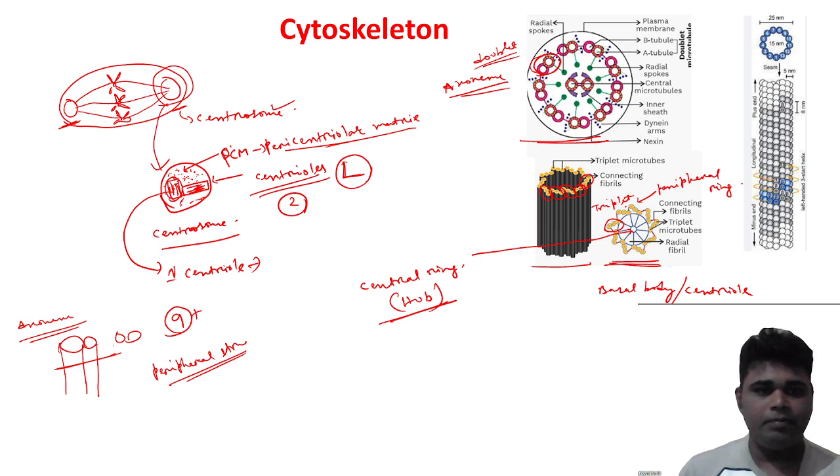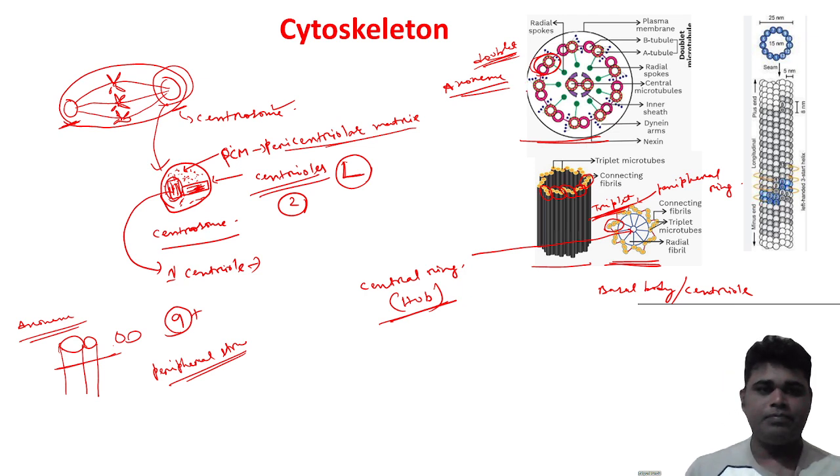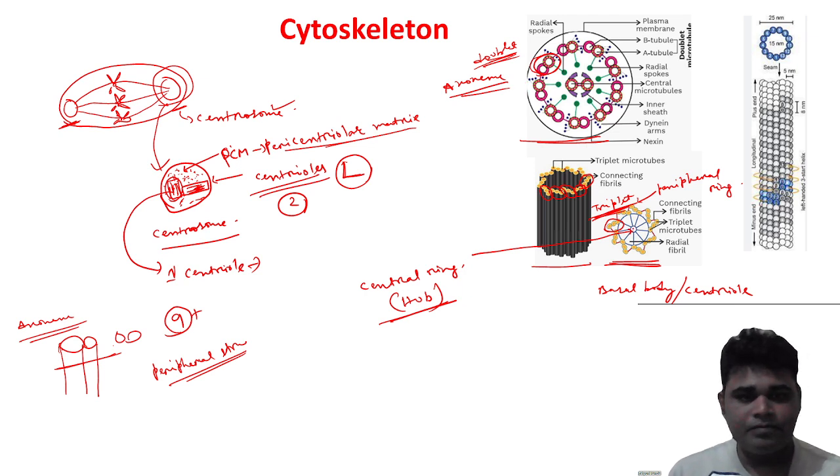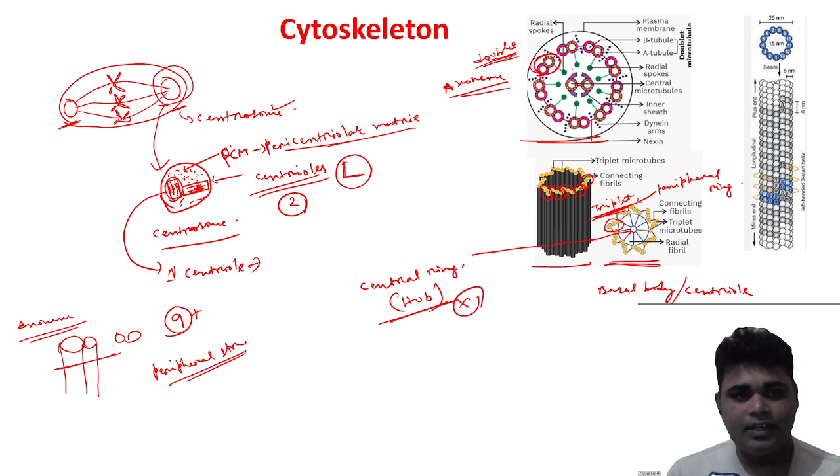In the peripheral ring structure, triplet microtubules are formed, while in the axoneme structure, doublet microtubules are found. Another difference is that inside the central region of the basal body there is no microtubule structure, but in the axoneme two singlet structures are present.